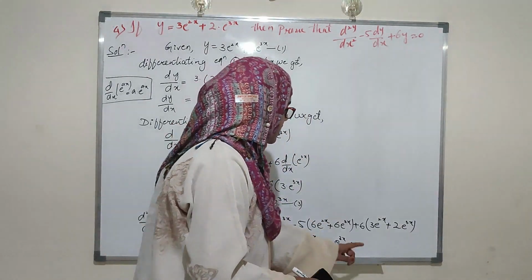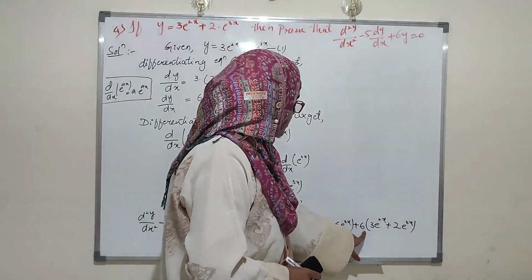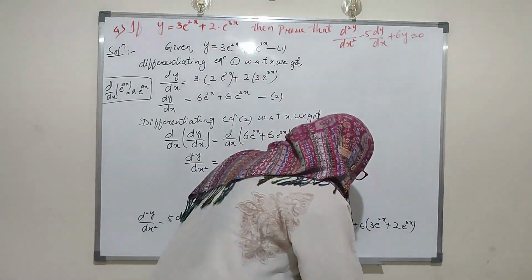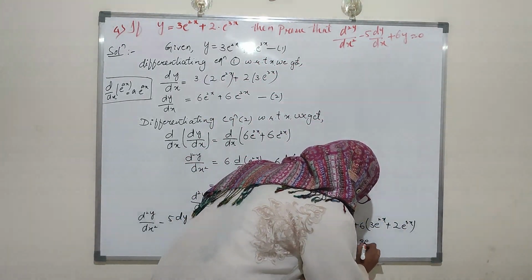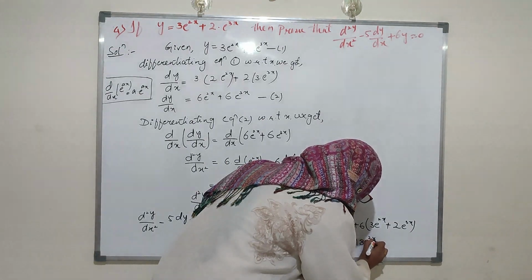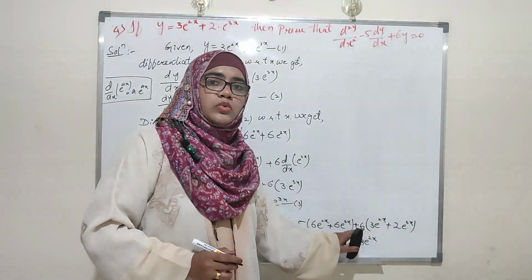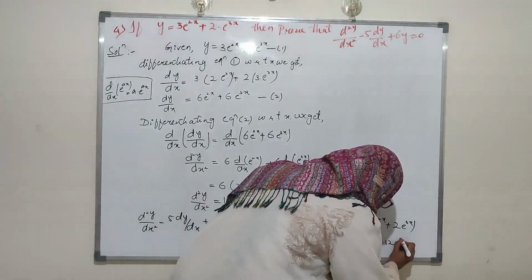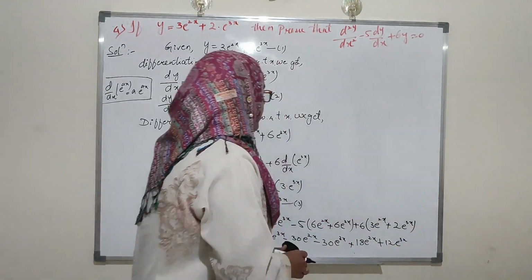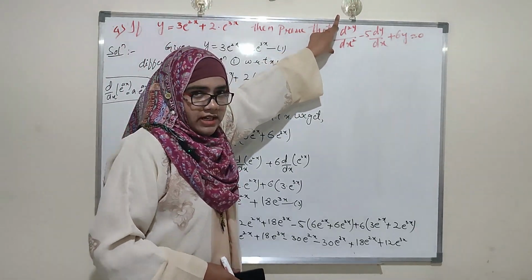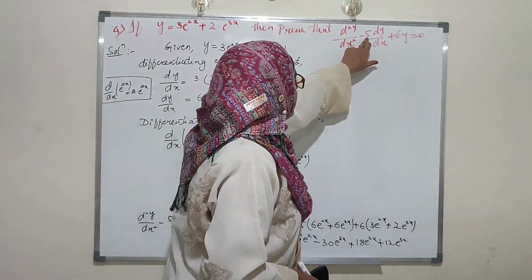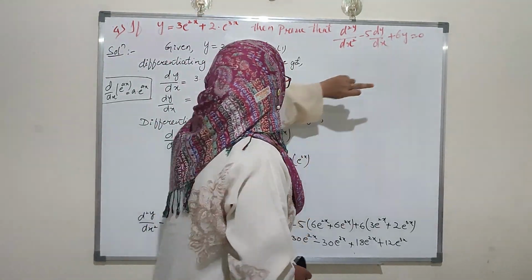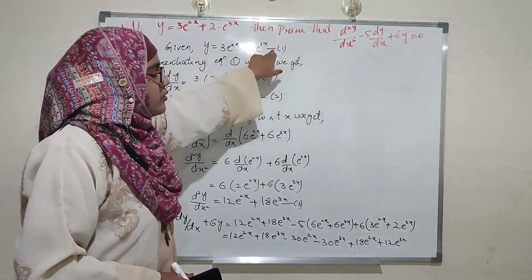Plus, now open 6 into this whole bracket: 6 times 3 is 18e^(2x), plus 6 times 2 is 12e^(3x). So we write d²y/dx² minus 5 dy/dx from equation 2, plus 6 times y from equation 1.